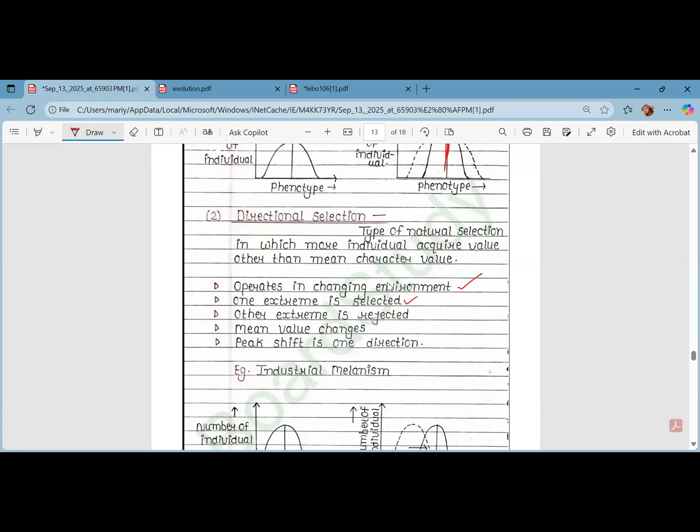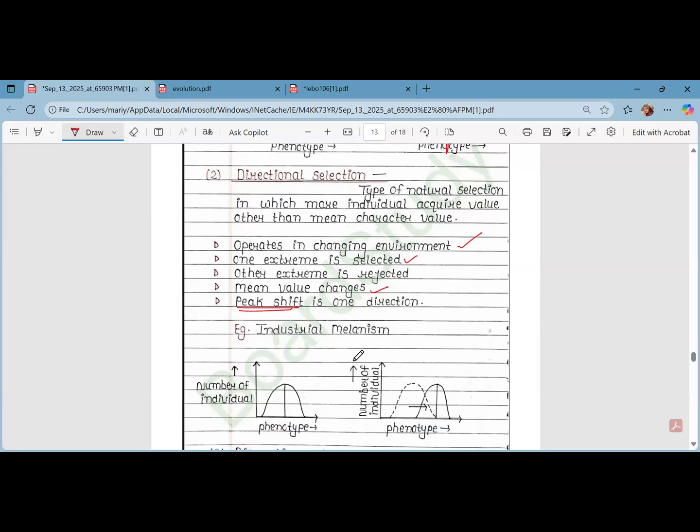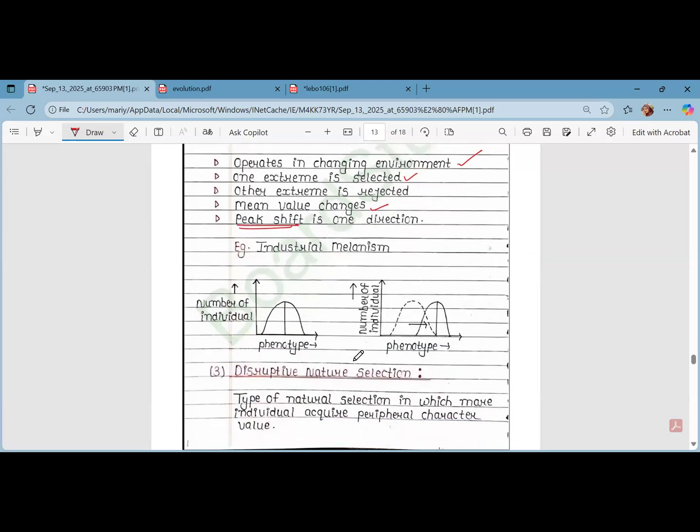The other extreme is rejected. The mean value also changes and the peak shifts. Since it was in the middle here, now it will shift either to the left hand side or to the right hand side. The best example is industrial melanism. So either the peak will go this side or that side, depending upon the character that is selected.